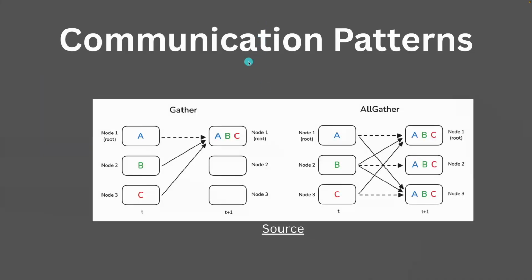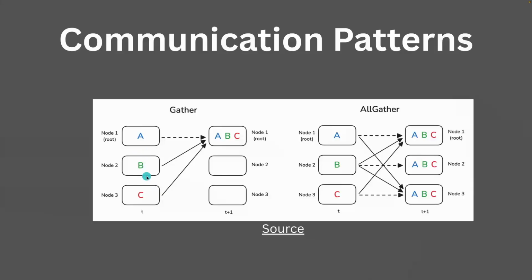Before jumping into matrix multiplication and block matrix multiplication and how it is sharded across TPUs, let's first get some basic idea of different communication patterns. The first communication pattern we are going to discuss is gather. Suppose you have data across different GPUs or TPUs.